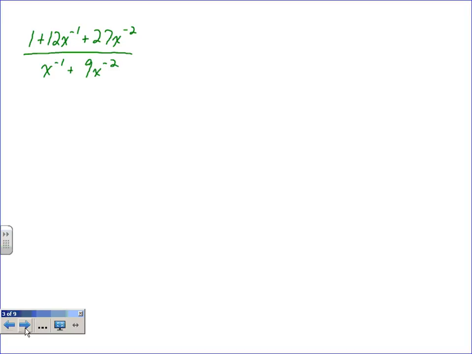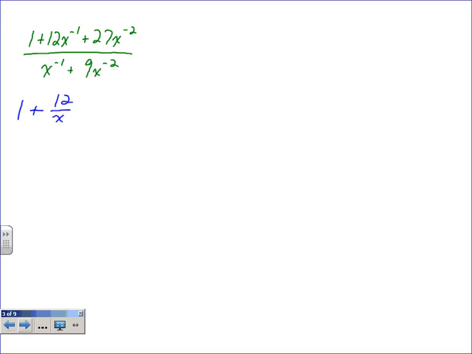First of all, you cannot take those x's with negative exponents and start moving them up and down. Can't do it. Can't flip them. Here's the way you have to handle it. Let's rewrite. 1 plus, now you got 12x to the negative 1. We have to write that as 12 over x to the first.